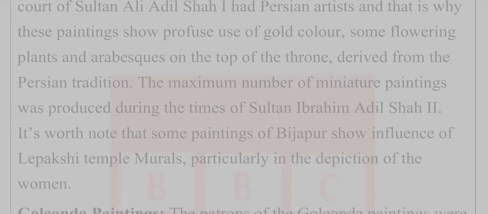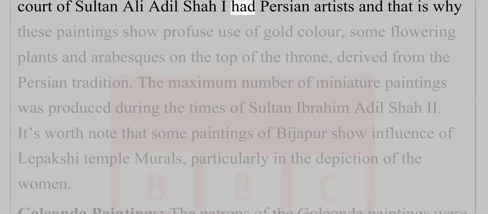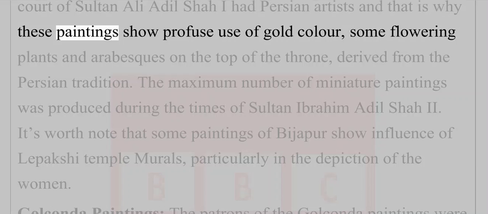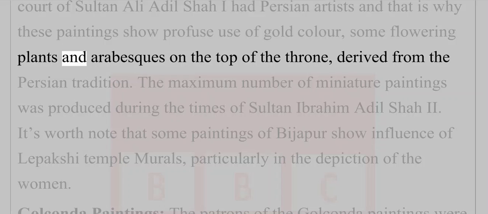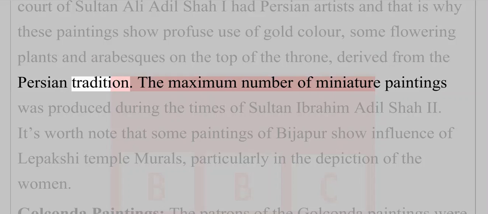The court of Sultan Ali Adil Shah I had Persian artists, and that is why these paintings show profuse use of gold color, some flowering plants and arabesques on the top of the throne, derived from the Persian tradition.